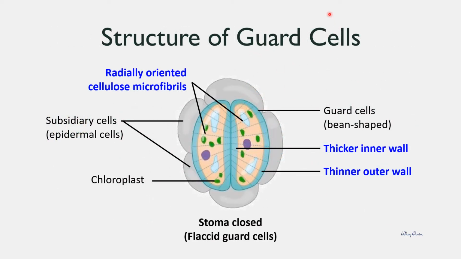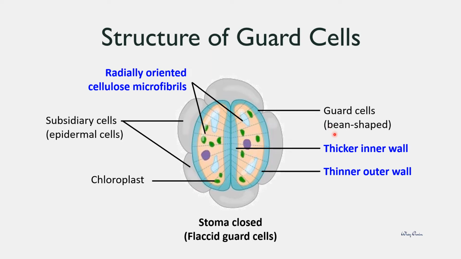The guard cell is a plant cell, so it has characteristics quite similar to other plant cells, such as the chloroplast that enables photosynthesis, and the cell wall. However, the cell wall shows irregular thickness because the inner wall is thicker than the outer wall, and the guard cells are bean shaped.